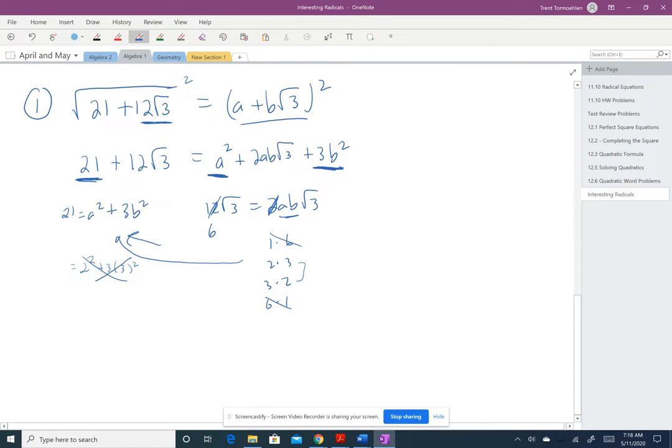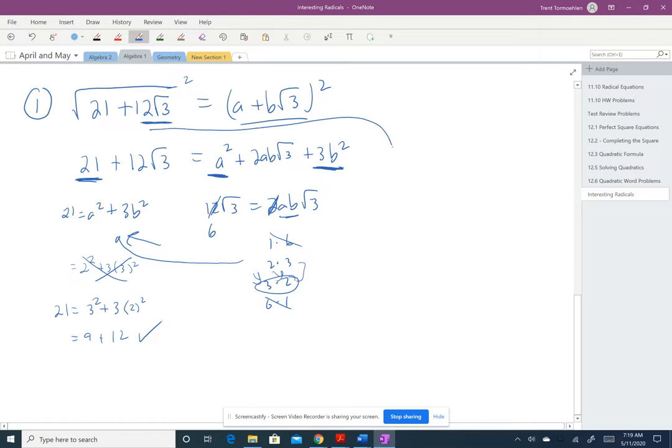So instead, I'm going to try this one, which is, does 21 equal 3 squared plus 3 times 2 squared? Well, yeah, this just turns out to be 9 plus 3 times 4, which is 12. That does equal 21. And so that means a must equal 3 and b must equal 2.